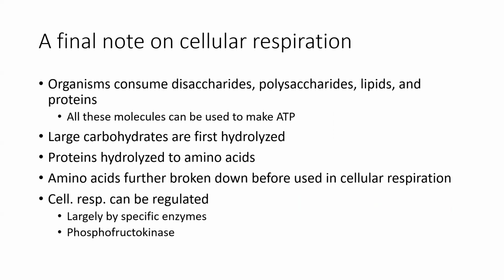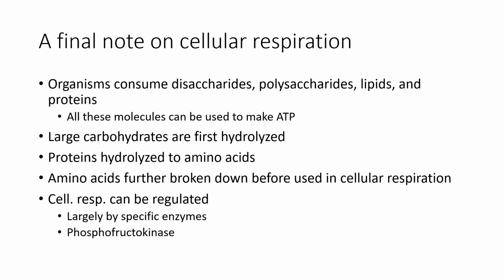ATP. Cellular respiration can also be regulated. Mostly this happens by the enzyme phosphofructokinase, which is important in that first step of glycolysis. Something interesting: cells and organisms are not wasteful, so they're not going to produce more molecules than what they need. So there are regulatory mechanisms like this phosphofructokinase enzyme.